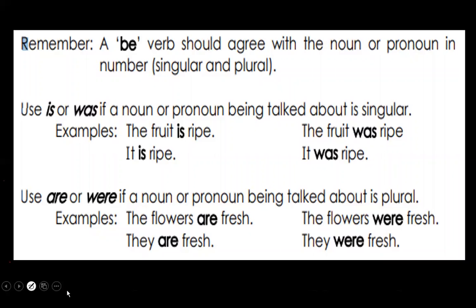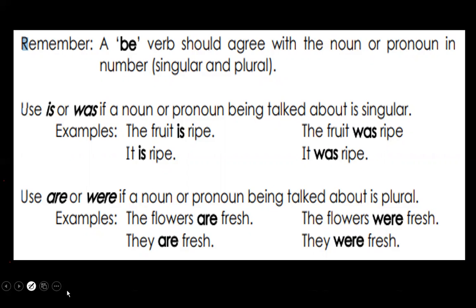Okay, guys, remember, a be verb should agree with the noun or pronoun in number. For example, use is or was if the noun or pronoun being talked about is singular, meaning there is only one noun.